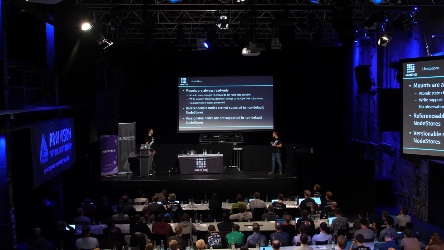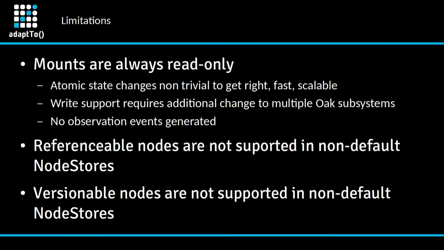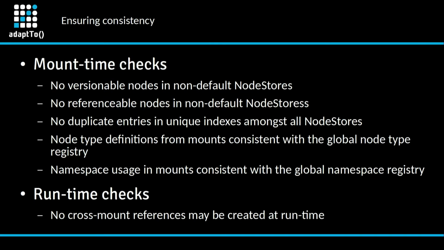We don't support references and versions. We saw that AEM works just fine without having any referenceable nodes or versionable nodes in a mount, so we just decided to do away with it. Now, this is more of an interesting discussion, because technically you can have references between a global node store and the mount.